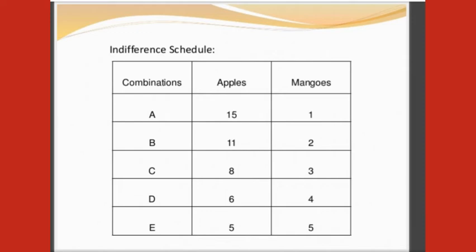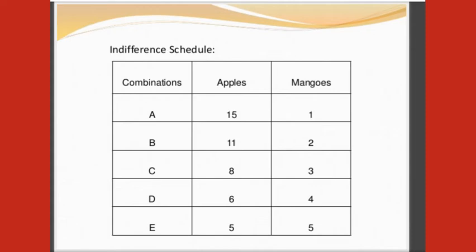Here, in combination A, apples are given as 15 units and mangoes 1 unit. So the two goods are given in combinations that give equal satisfaction to the consumer.